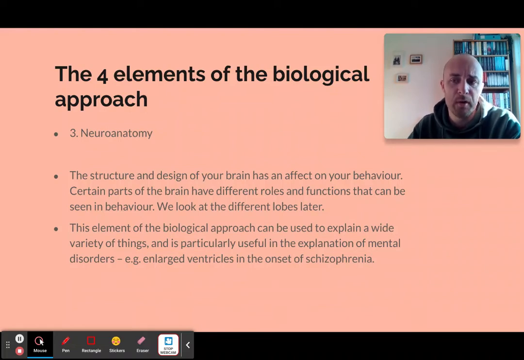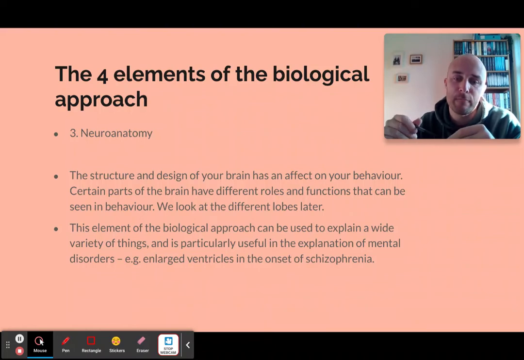One area we do look at this later on is, again, schizophrenia, which has an evolutionary explanation, by the way. Schizophrenia has a genetic explanation as well. Schizophrenia also has a neuroanatomical explanation and a neurochemical explanation. So schizophrenia can be explained by the biological approach in all four ways, really.